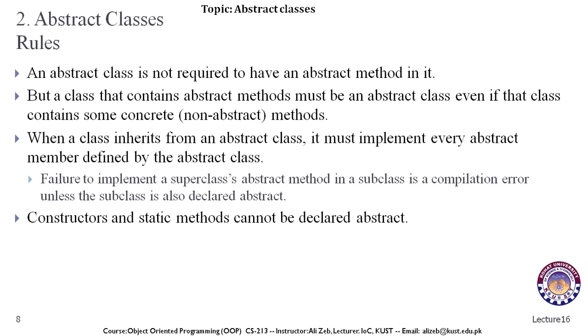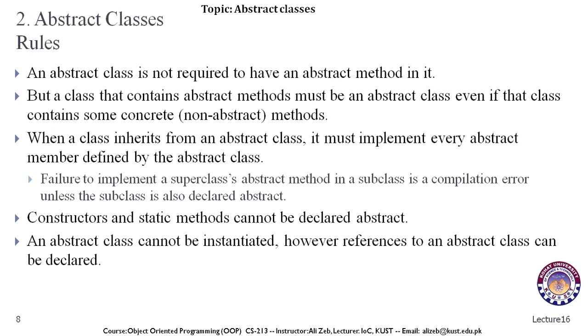Constructors and static methods cannot be declared abstract. So we need to remember that we cannot declare constructors and static methods as abstract. An abstract class cannot be instantiated. However, references to an abstract class can be declared. We'll see in our future examples that we cannot create an object of the abstract class, but we can declare variables of our abstract class.